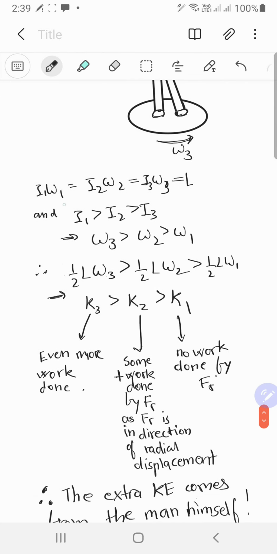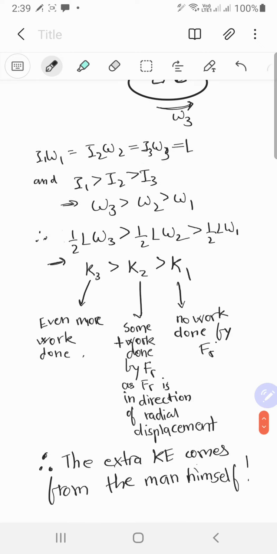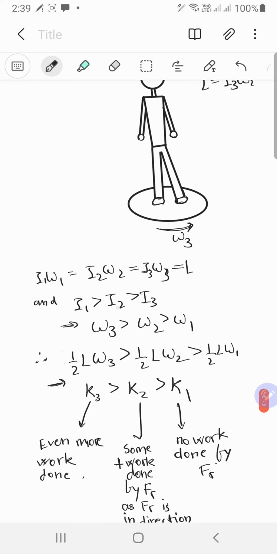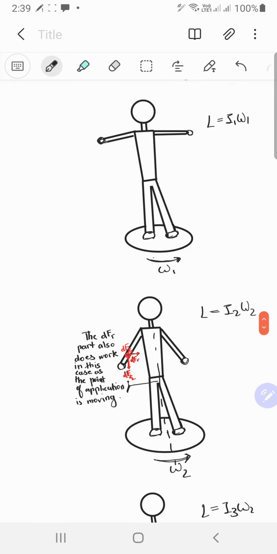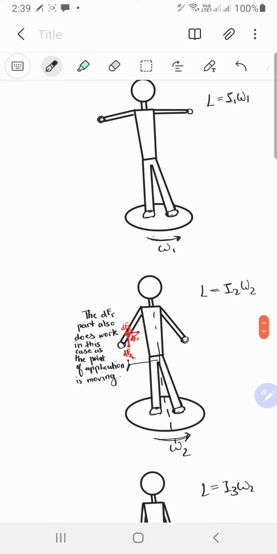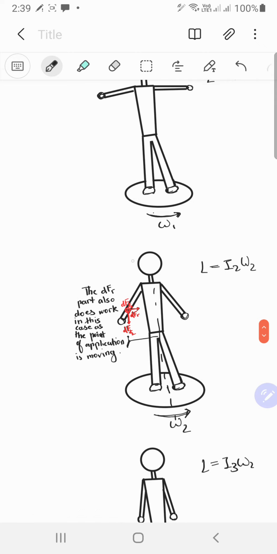So now I1 omega 1 equal to I2 omega 2 equal to I3 omega 3 equal to L, we know that. And I1 is bigger than I2 is bigger than I3, why is that? This is more spread out, right? The summation of m r squared, since more of these masses have bigger r, this moment of inertia is going to be bigger than this case, and this is somewhere in the middle.